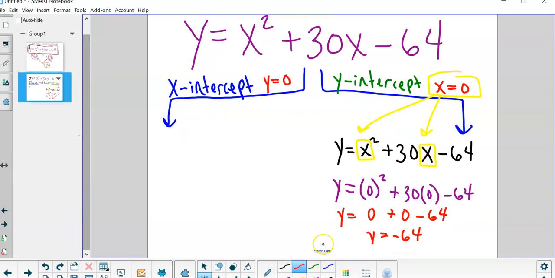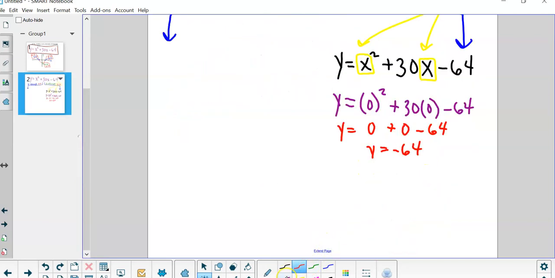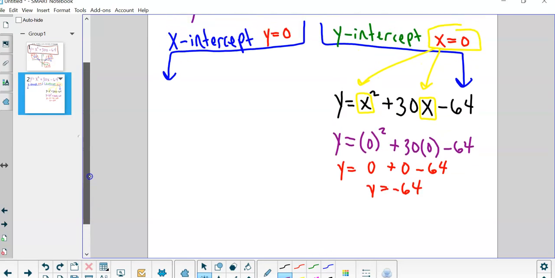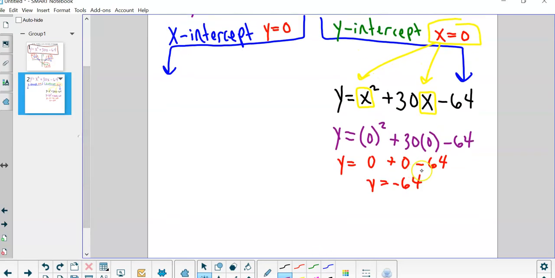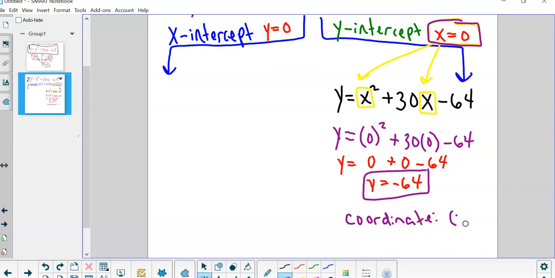So in order to write what your y-intercept is, you have to have this y value and this x value, and you make a coordinate point out of it. Remember, coordinates are always given as the x value comma the y value.